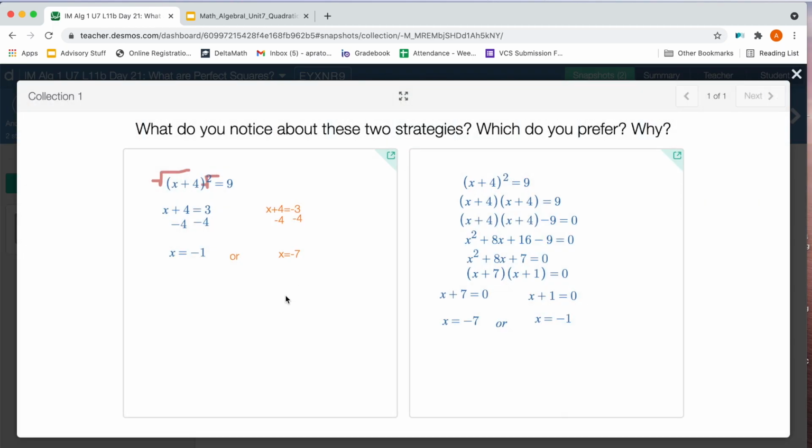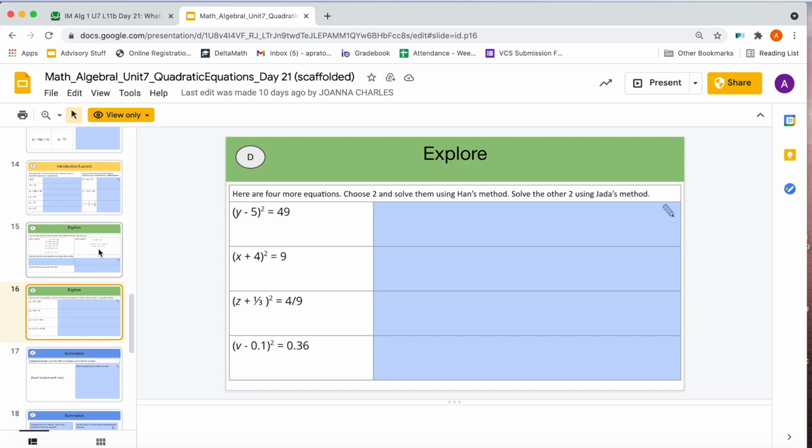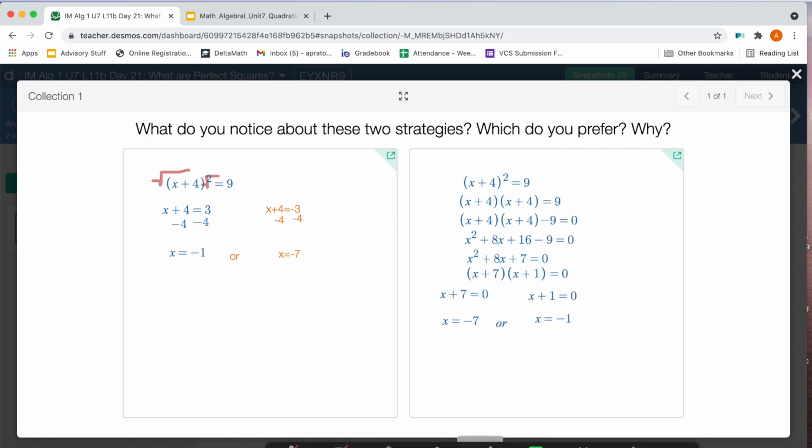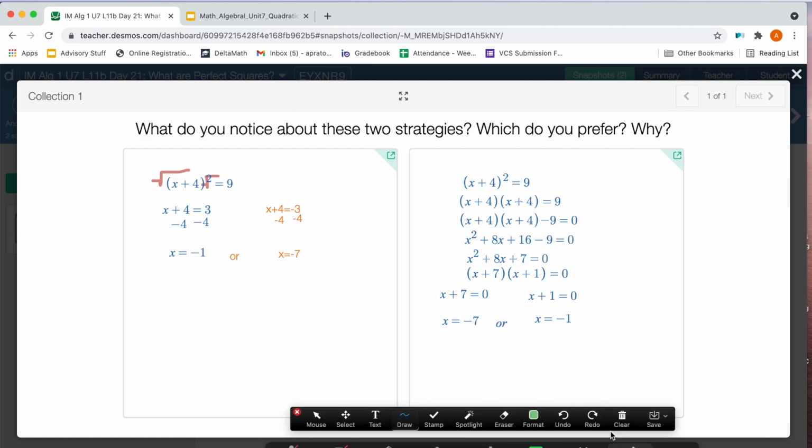We have one student that used Han's method and one that used Jada's method. So here's Han's method, and here's Jada's method.